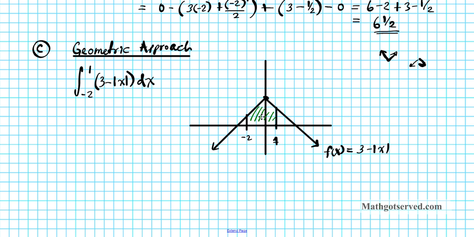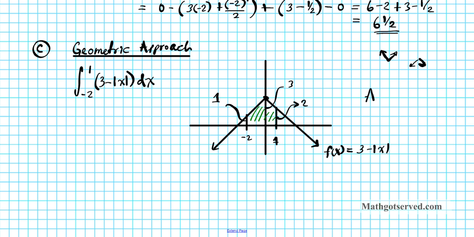If you notice, we have two trapezoids adjoining each other, and we know what the formula for the area of a trapezoid is. This side length right here has a value of 3, 3 units high. This has a value of 2, and then this side length right here has a value of 1.